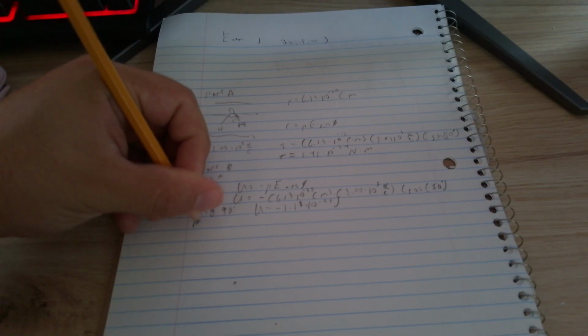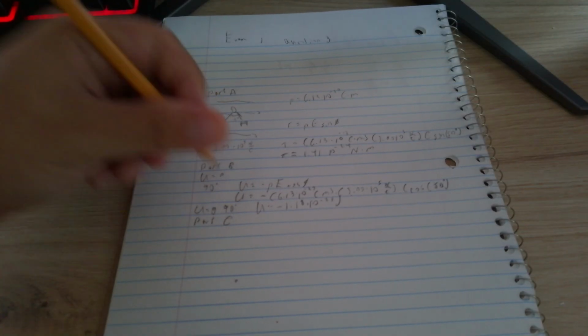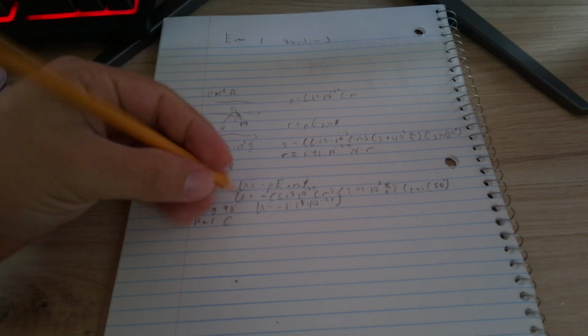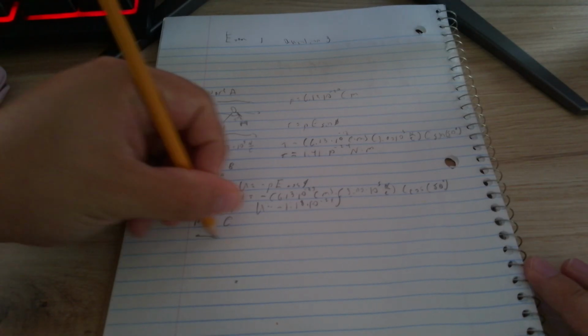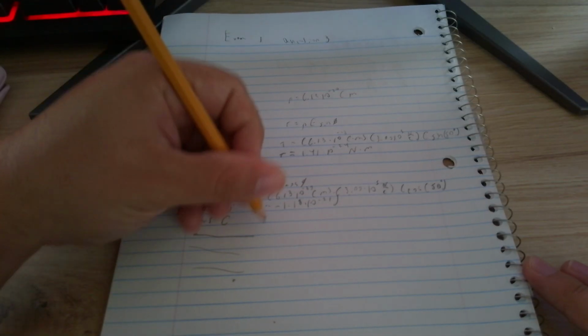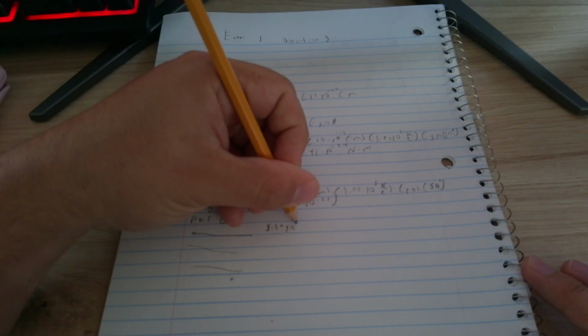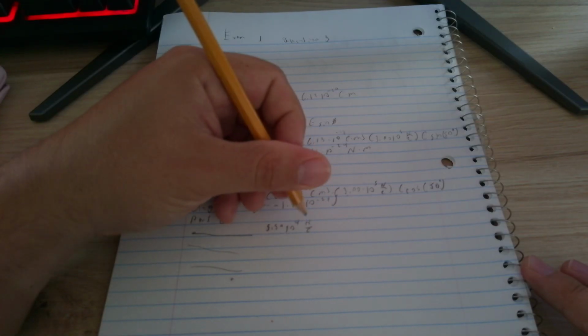So part C now. The electric dipole is in a uniform electric field of magnitude 8.50 times 10 to the fourth newtons over coulomb.